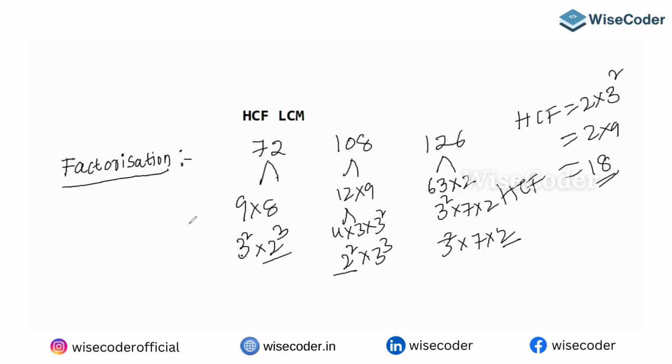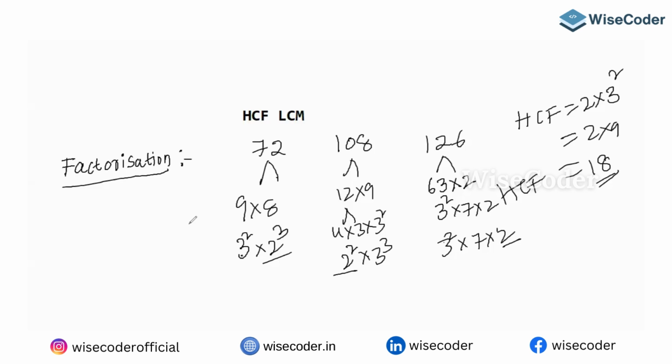Look here. While we are finding the highest common factor, more importantly, the required number should be a factor of all the numbers. If we take the highest power of a prime, 2 cube in this example, it would not divide 2 or 2 square. Yes or no? But the least power would definitely divide the highest power.